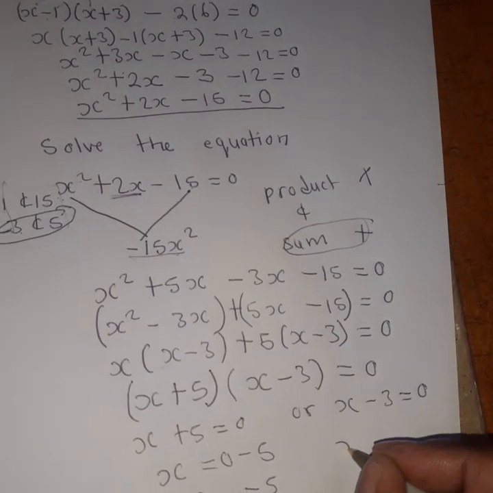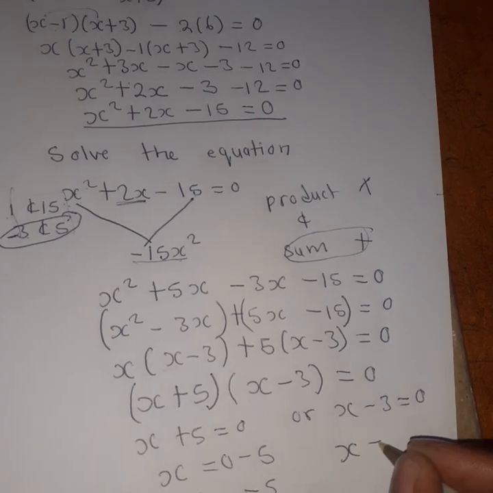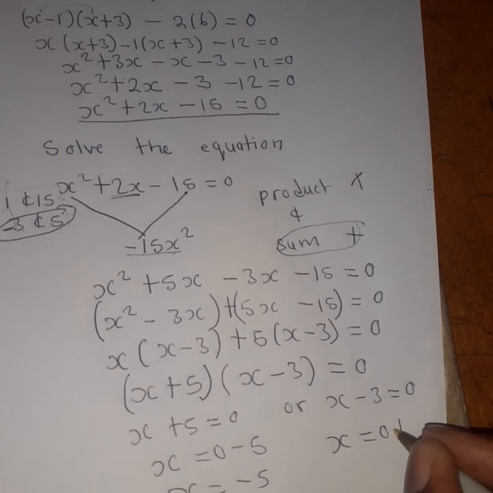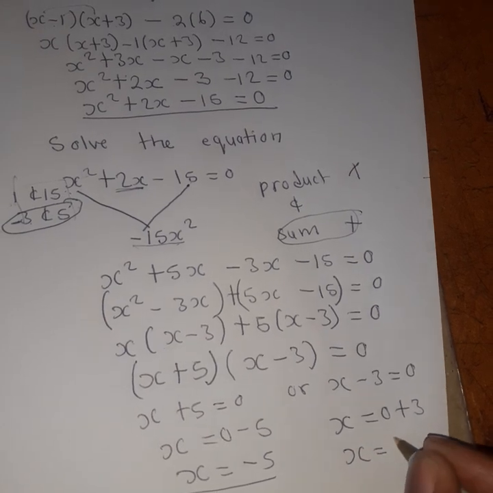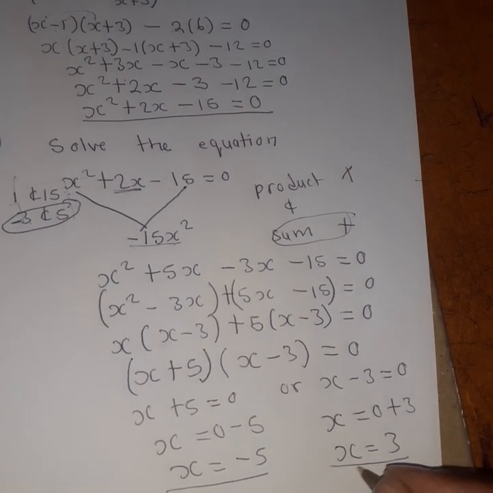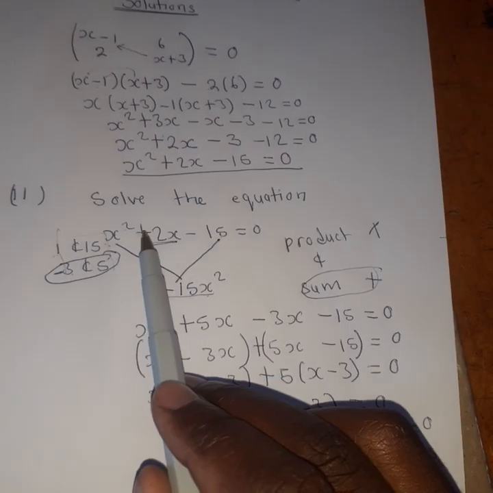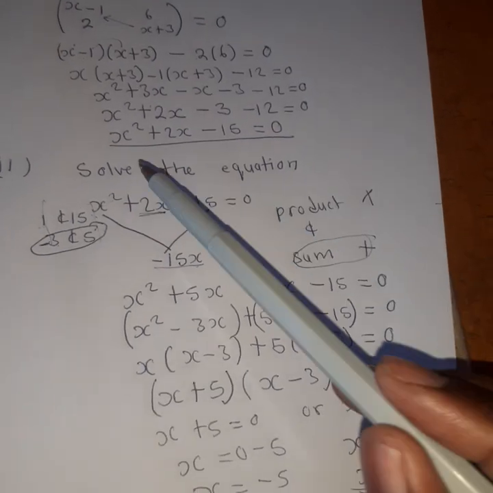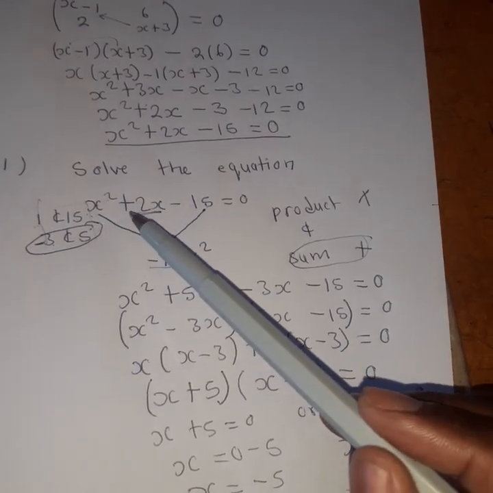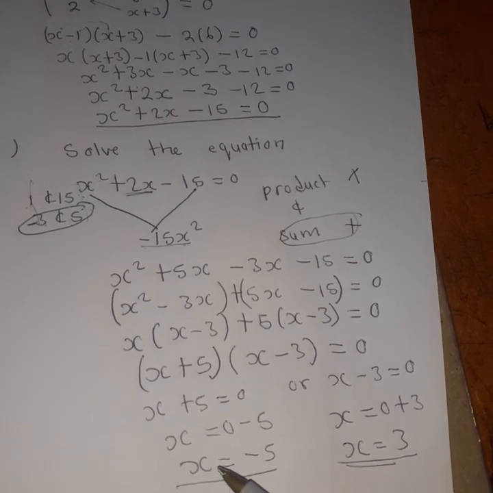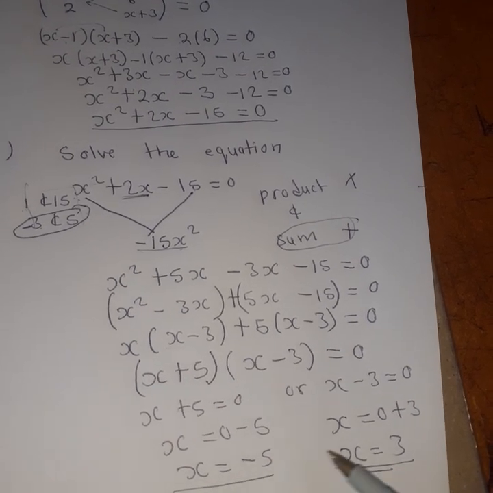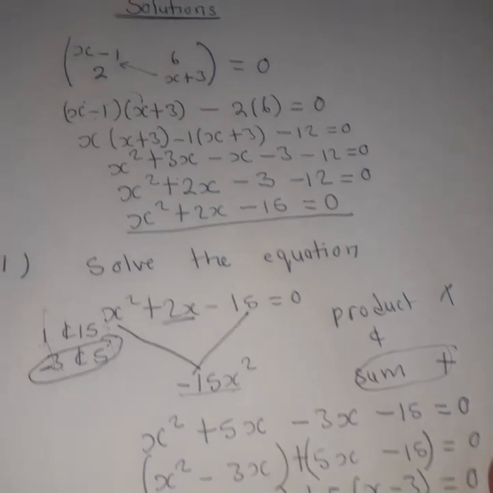Then x is equal to 0 plus 3, and x is equal to 3. So we have solved x squared plus 2x minus 15 is equal to 0. Our answer right here: x is equal to minus 5 and x is equal to 3.